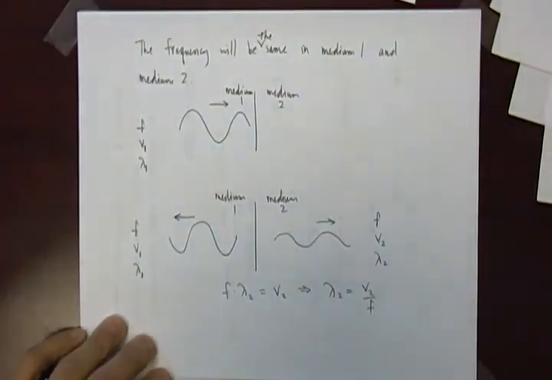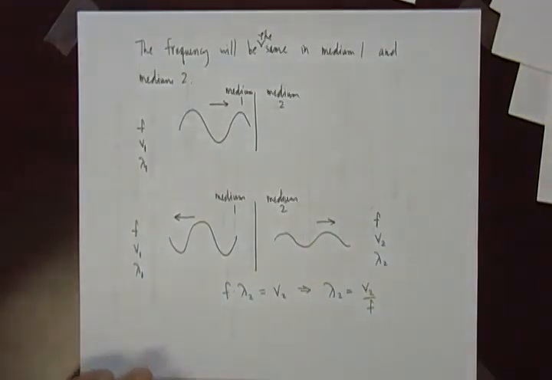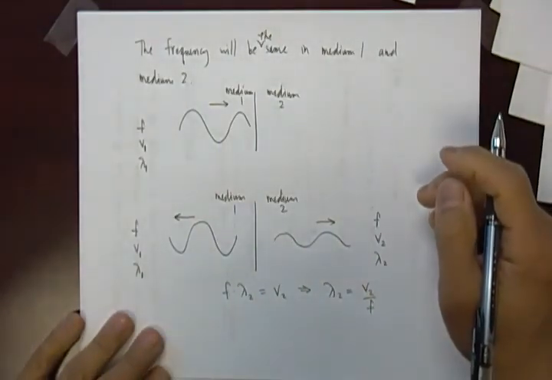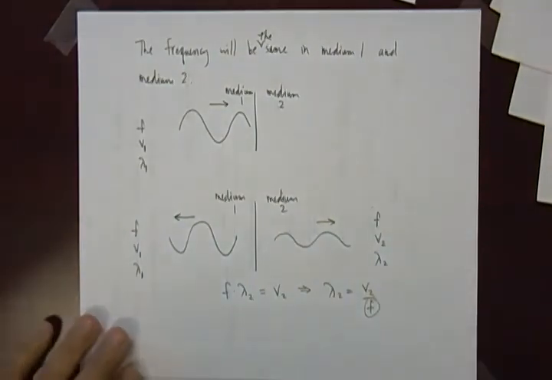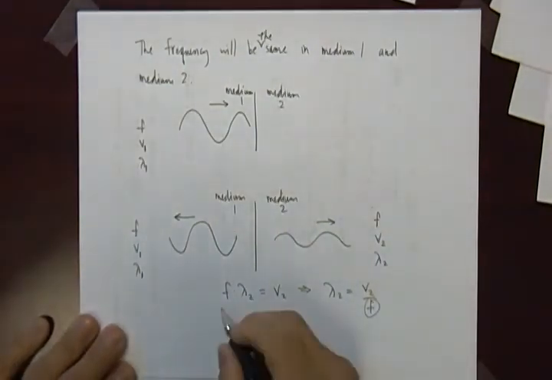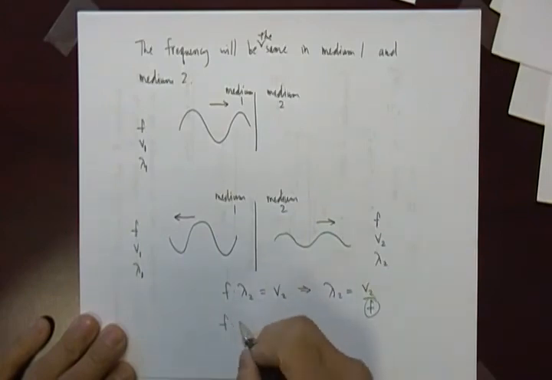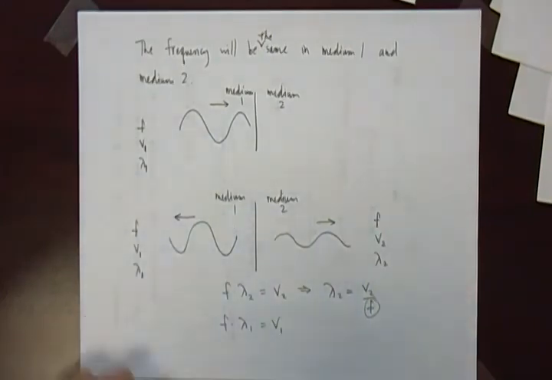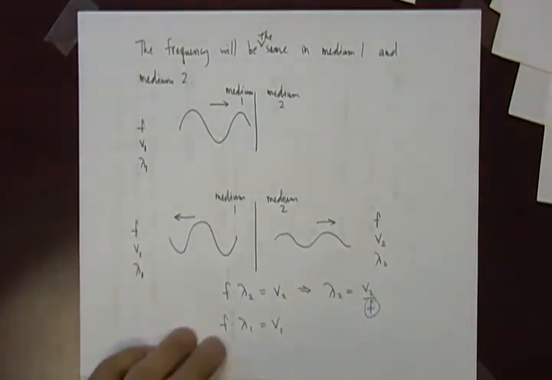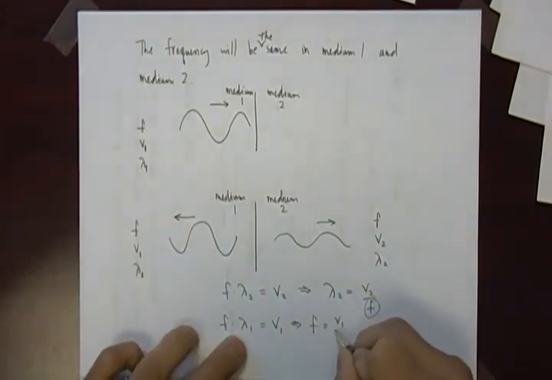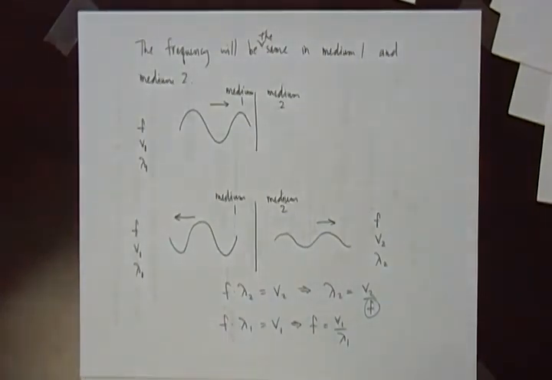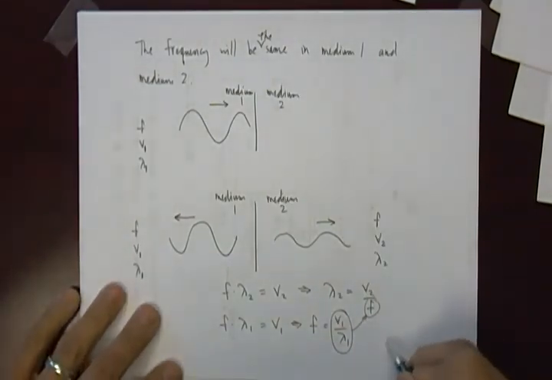Okay. Very good. Now, let's try to get some information about F in a slightly different way. Let's do the same thing for lambda 1, medium 1. I know that the frequency times lambda 1 is the wave speed in medium 1. Okay, so that means I can write an expression for F that's going to be V1 divided by lambda 1. Alright, good. So now I'm just going to shove this in here, and then I'll get an expression for lambda 2.